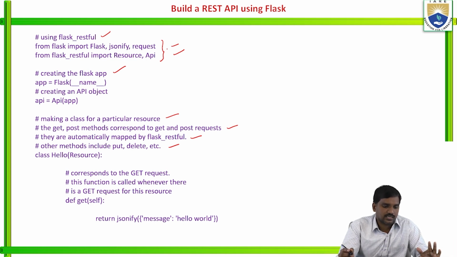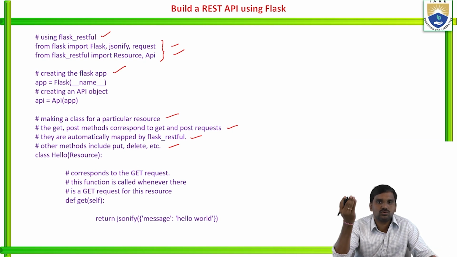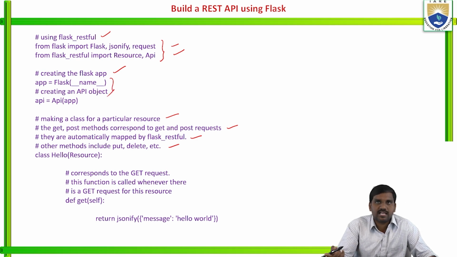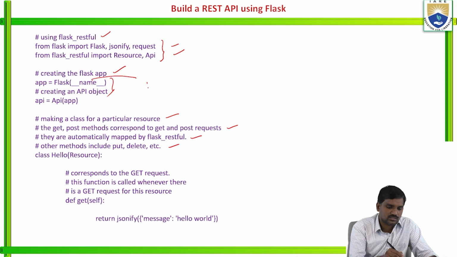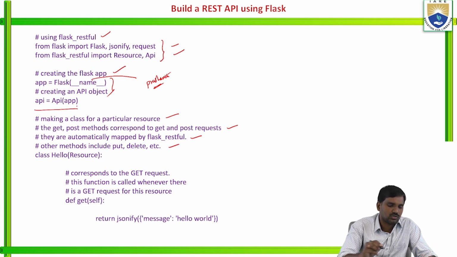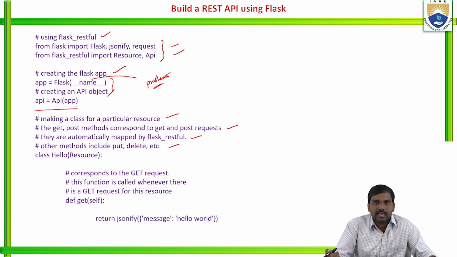From flask_restful import Resource, Api. You just import the libraries that are required, and after that you create the app: app = Flask(__name__). Whatever name you require, you can type here. Then creating an API object: api = Api(app).